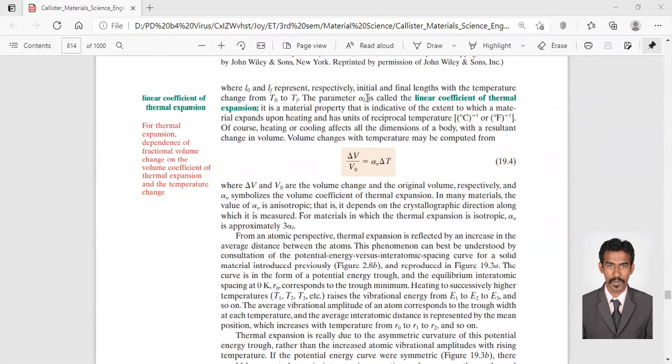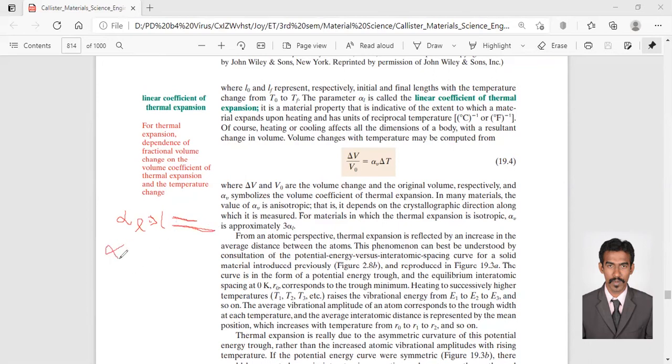If it is V, that would be the volumetric coefficient. If it is A, that is the area coefficient. When you see alpha L, that is the linear coefficient, which will indicate the change between initial length and final length.